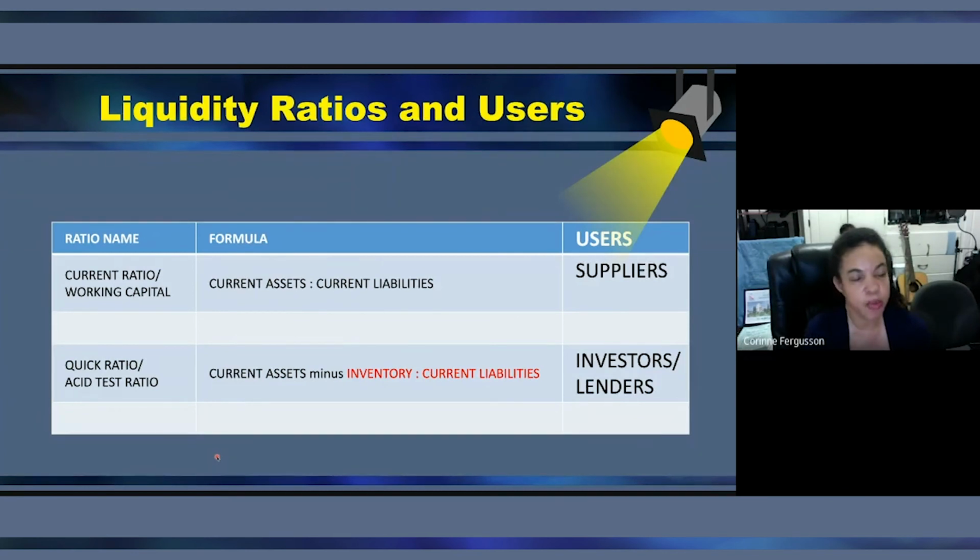In fact, you must have a balance, because the most profitable assets are actually the least liquid assets, and the most liquid assets are the least profitable. So they have an inverse relationship. They're the opposites. The most profitable are the least liquid, and the most liquid are the least profitable. So you must strike a balance, because both are very, very important.